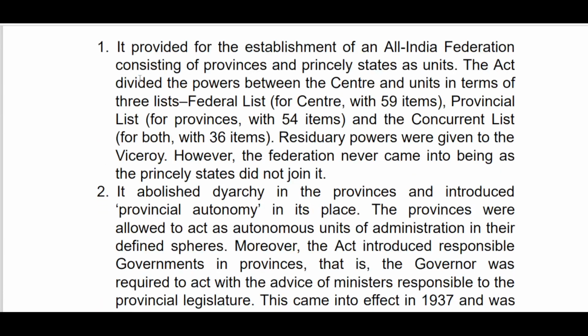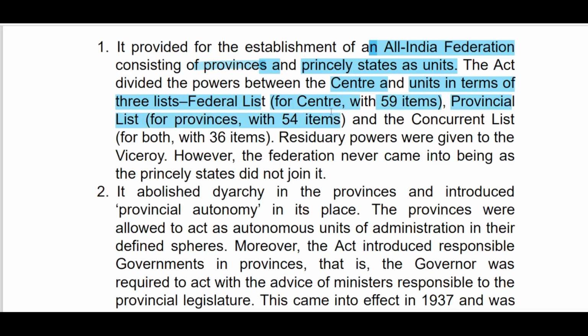It provided for the establishment of an All India Federation. An All India Federation was established, consisting of provinces and princely states as units. The act divided the powers between the center and units in terms of three lists. Federal list, it was for center with 59 items.